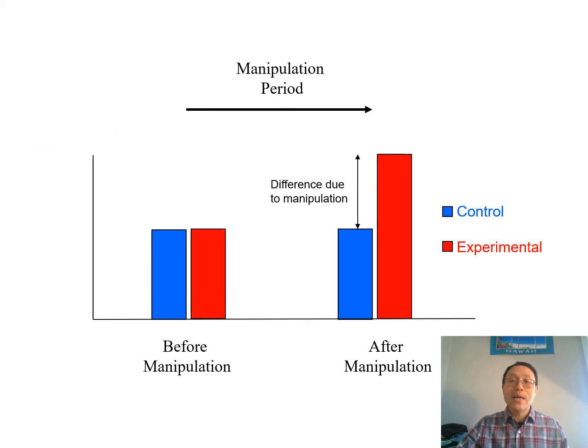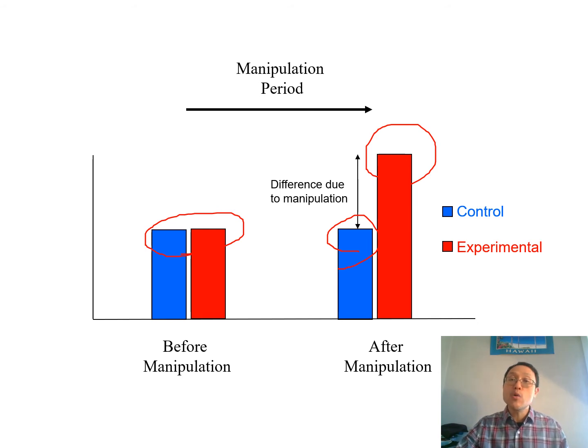Now, let's take a look at this. Let's say your control group before manipulation and after the manipulation, and you're not seeing that much difference, right? The control group and experimental group start pretty similar, but after the manipulation, you see a major difference between the control group and the experimental group.